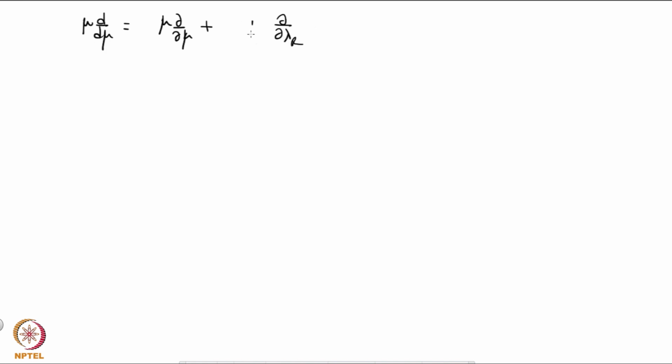Plus del over del mr times mu dmr over d mu. And these will give you 0 when you act this on Zm, because for the same reason, there is no explicit dependence on mu, no explicit dependence on mr when you are working in the MS bar or MS scheme.